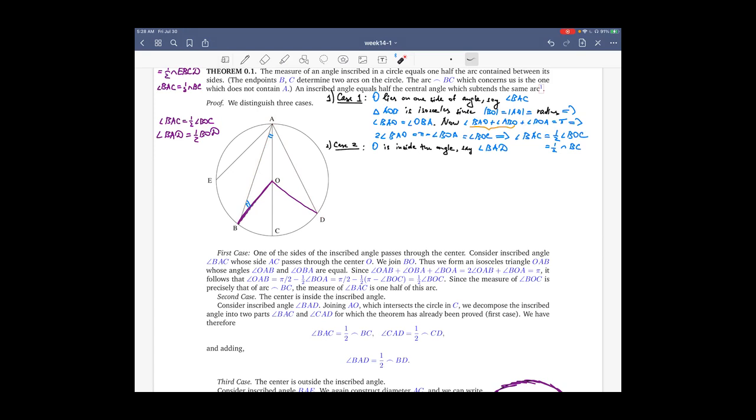Our goal is to prove that BAD is half the angle BOD. Well, the idea is this.